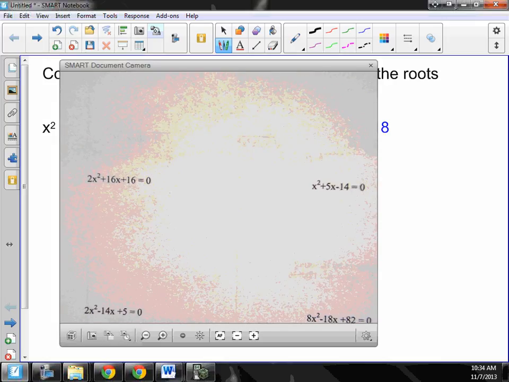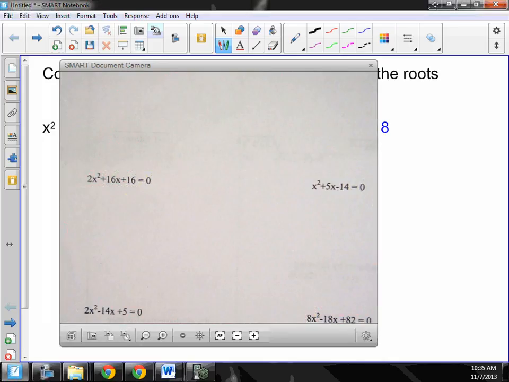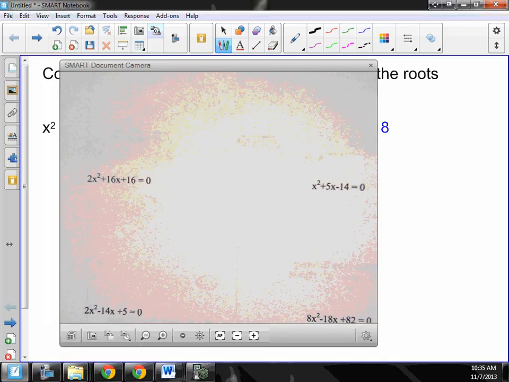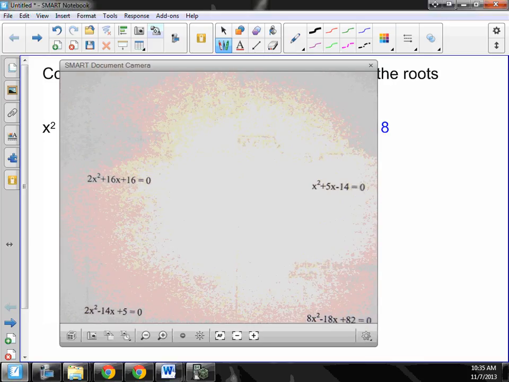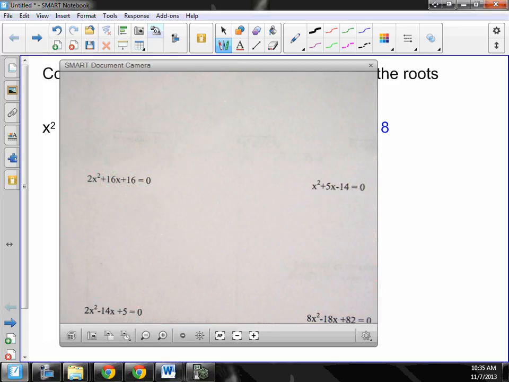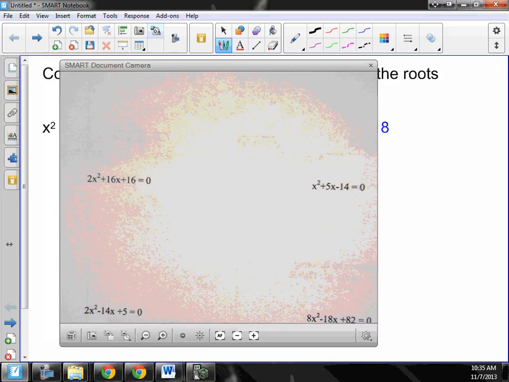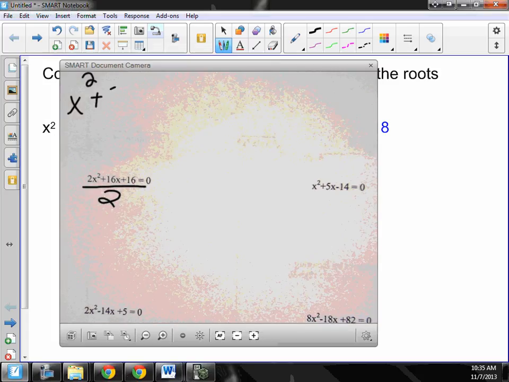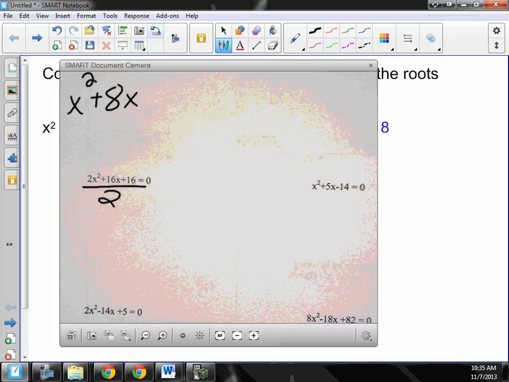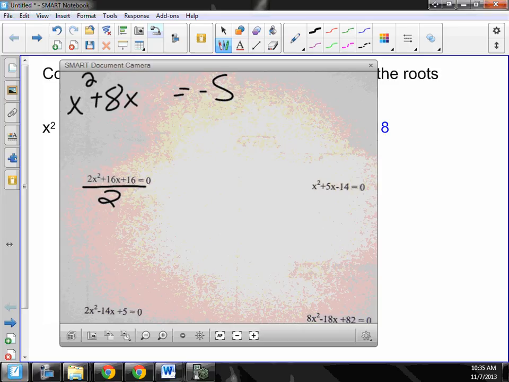So this time we have a 2x squared, which is a problem. So I need to divide everything by 2. Is that going to change the graph? Yeah. Is it going to change my roots? No. You're allowed to divide by 2 as long as you're just looking for the roots. So I get x squared plus 8x plus 8, but I'm going to move that second 8 to the other side and get negative 8.